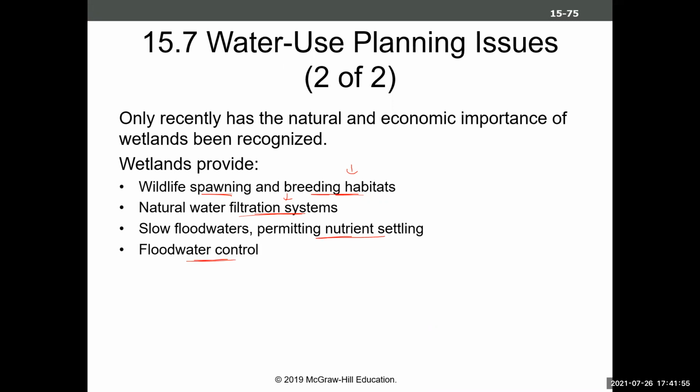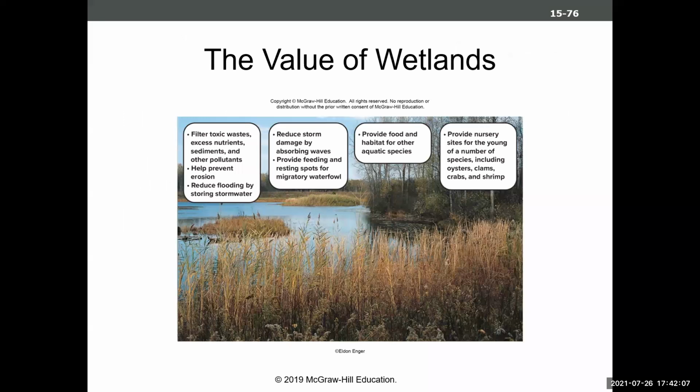So it serves as a basin for those flood waters to basically flow into and to not come up in the higher areas, say where your house or your city may be.